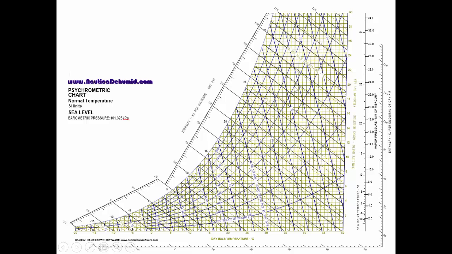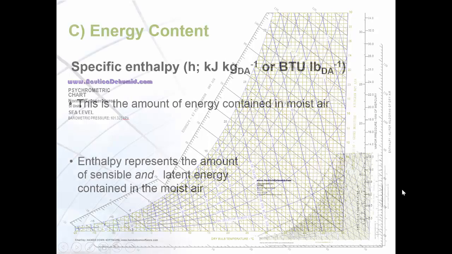Again, remember that the diagonal green dashed lines are used for wet bulb temperature on the psychrometric chart. However, the black diagonal lines are used for finding the specific enthalpy of the moist air. And the unit for specific enthalpy is kilojoules per kilogram of dry air.